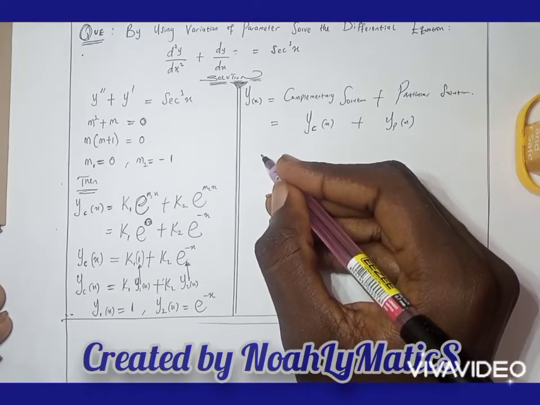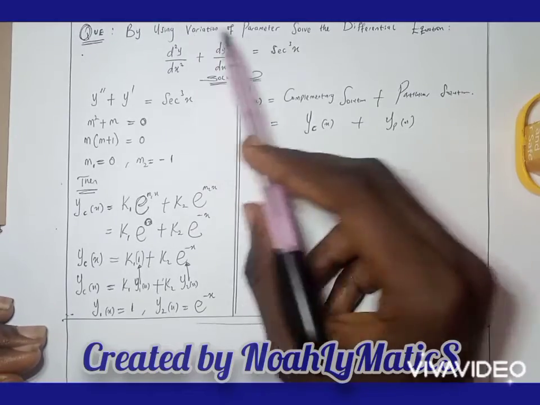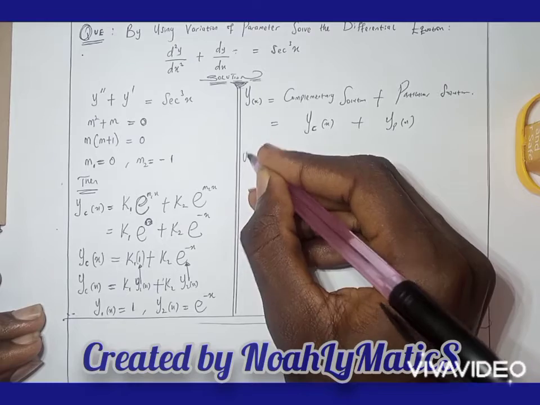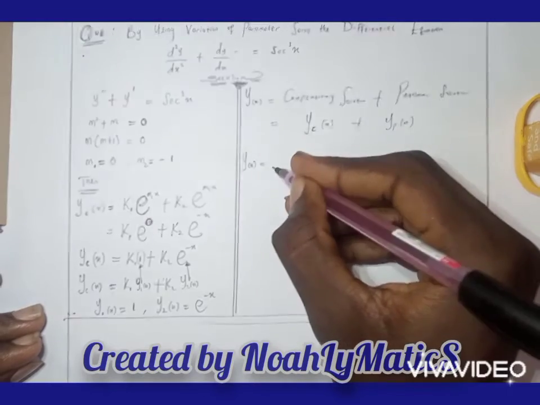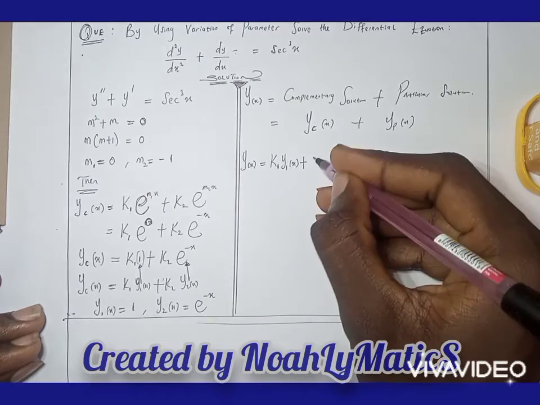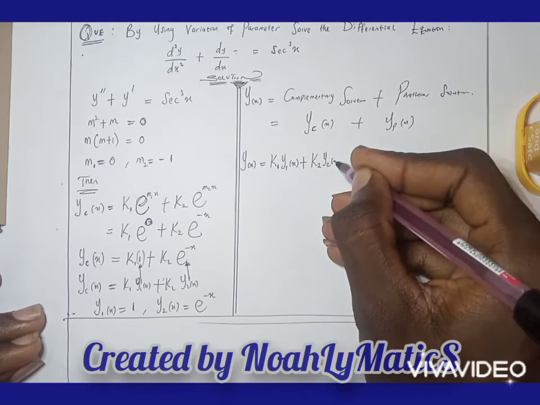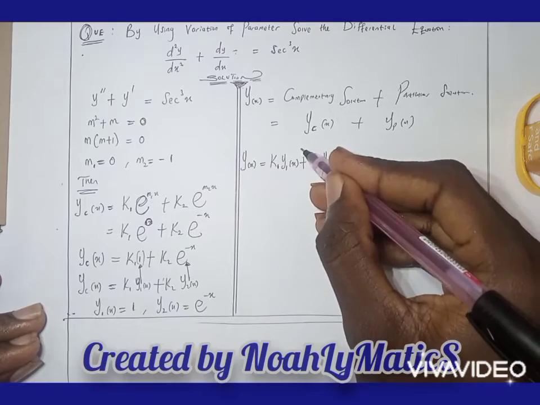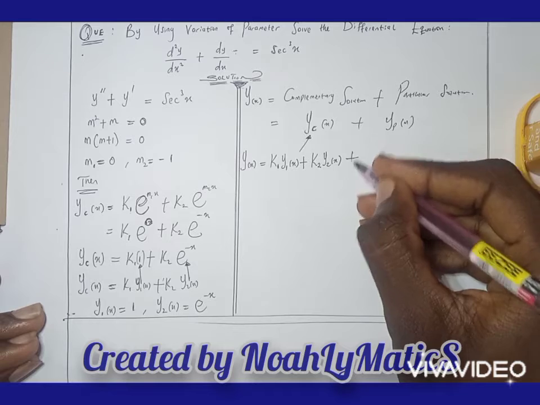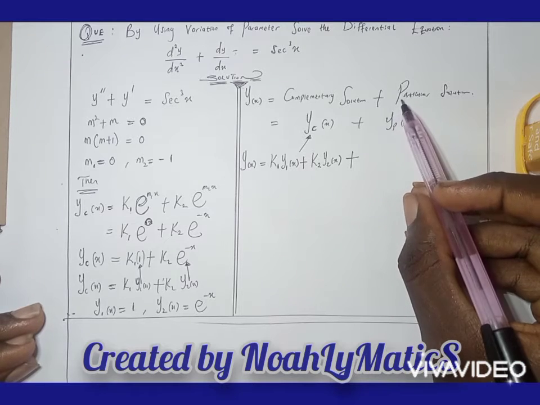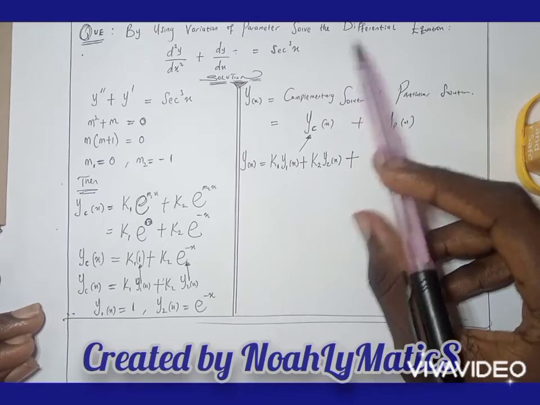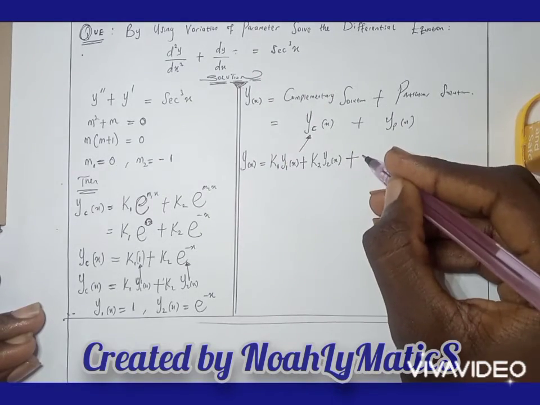From the proof of the theorem of variation of parameters, we have a generalized formula: y of x equals constant 1 times y1 of x plus constant 2 times y2 of x. This is related to what we call the complementary solution of our differential equation. Then, plus, by the proof, the particular solution of any differential equation from variation of parameters is given as thus.